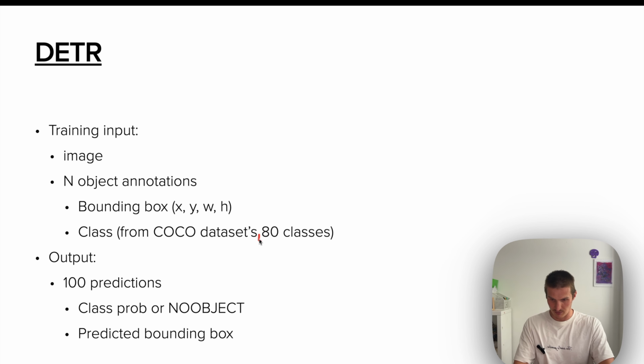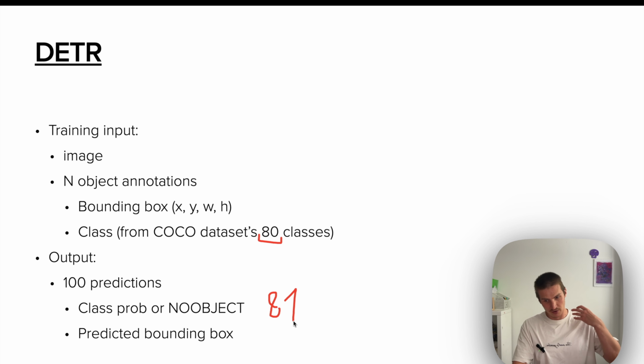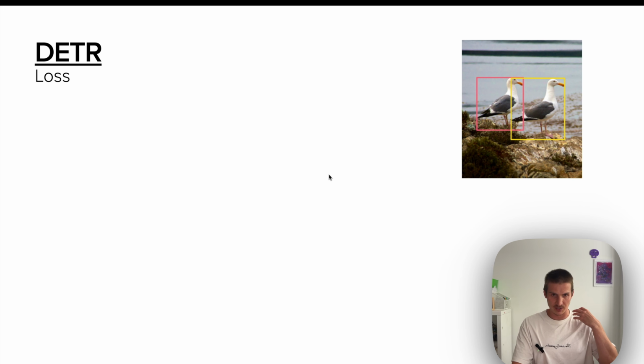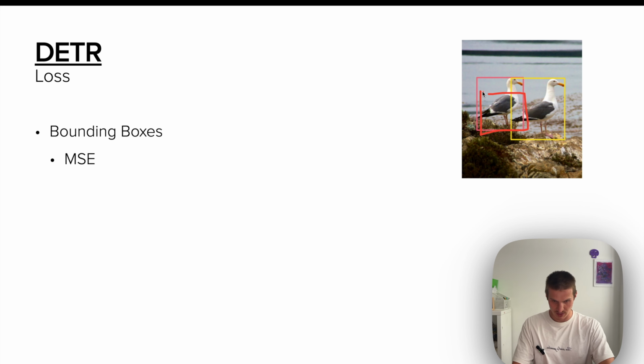This means that instead of 80 predictions for classes, we actually have 81, with one extra prediction corresponding to the probability of the no object class. And then for the actual loss, we look at how good we are at drawing this bounding box. For that, we use mean squared error, which basically tells us how far off the actual pixels are.